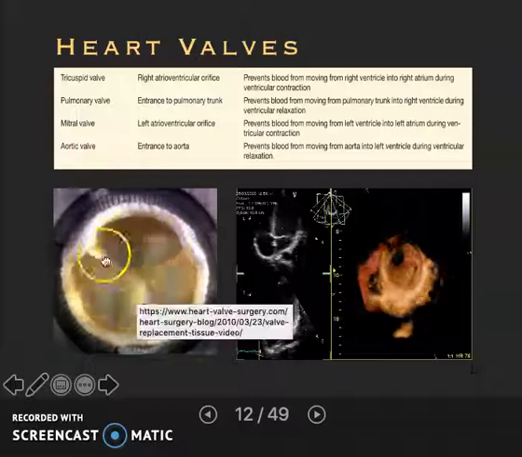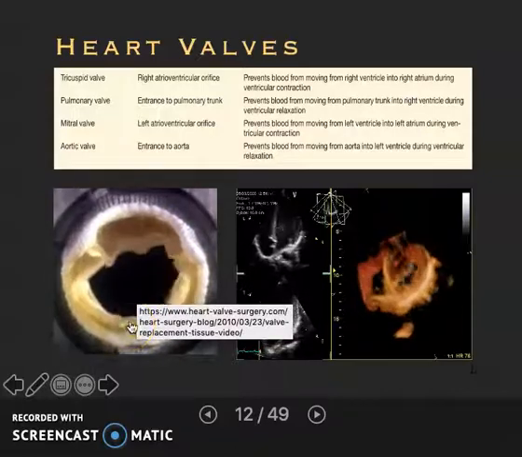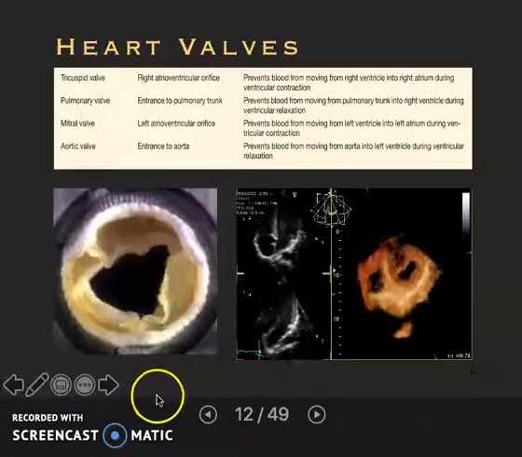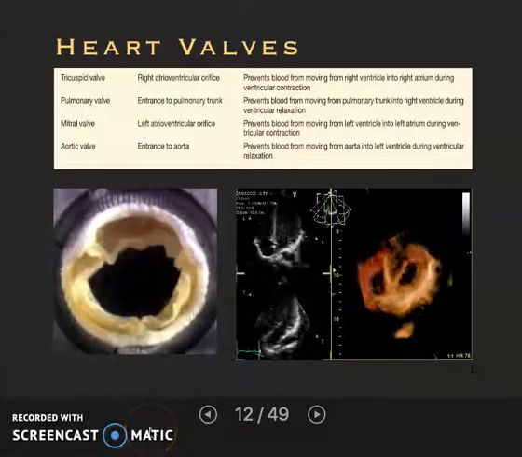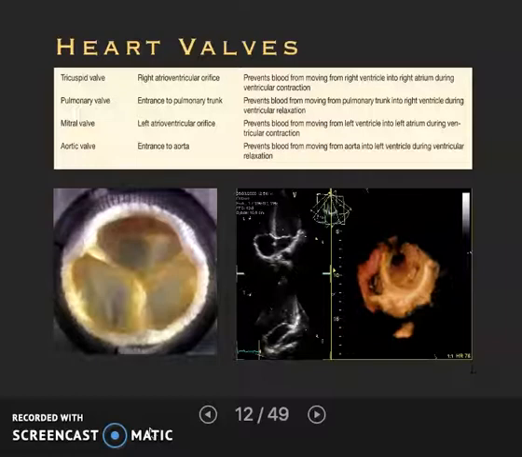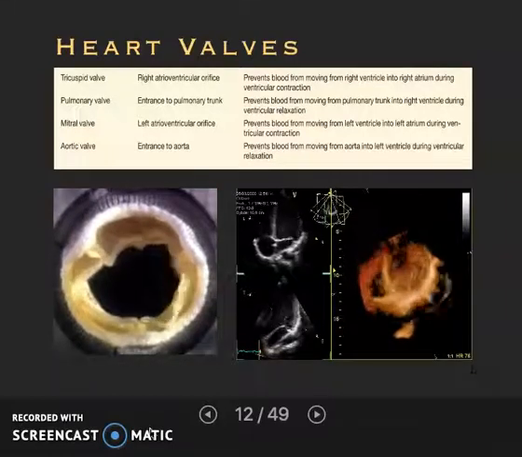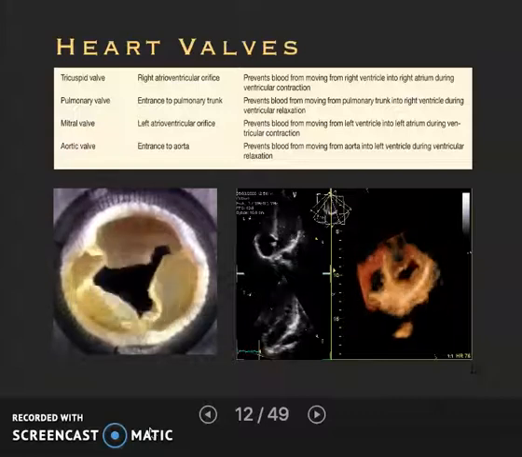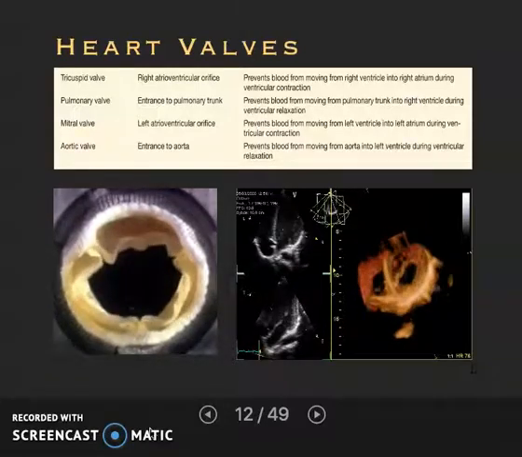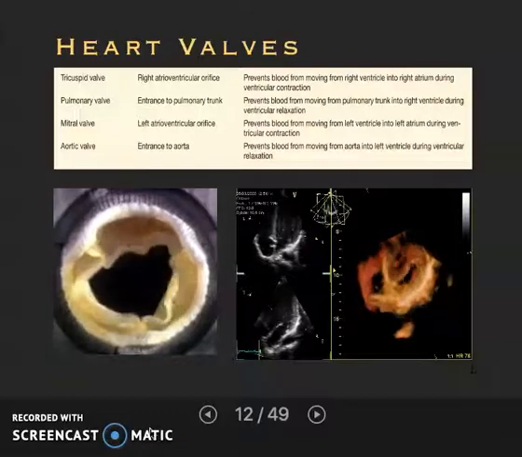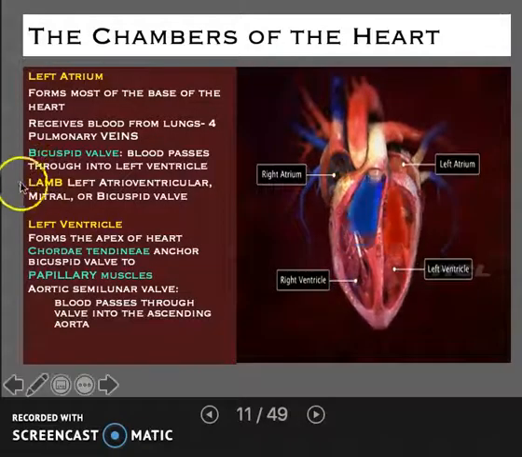It's a tricuspid valve. This is actually a synthetic tricuspid valve, and valve disease is a common form of heart disease. So remember that the tricuspid valve is on the right. The bicuspid or mitral valve is on the left. And I think one of the things I missed here was LAM, okay?